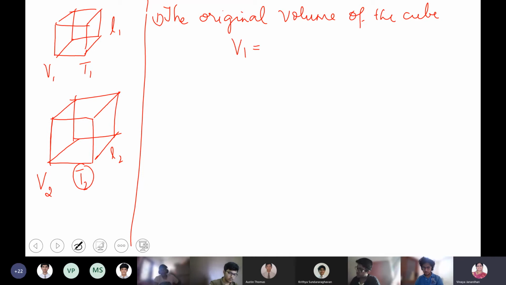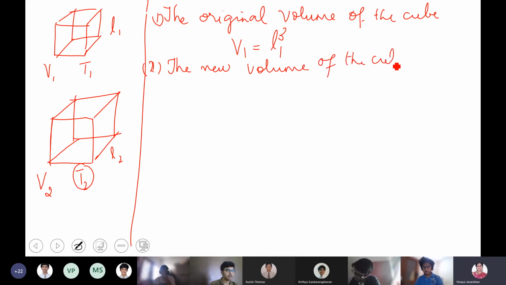In terms of side length, what should I write? It's a cube. What is the volume of the cube? Fadil? Right, boys. The new volume of the cube.